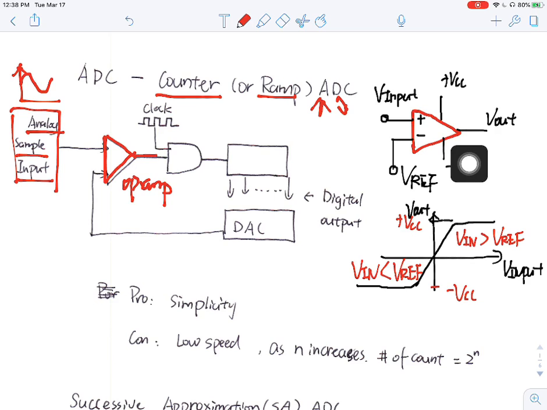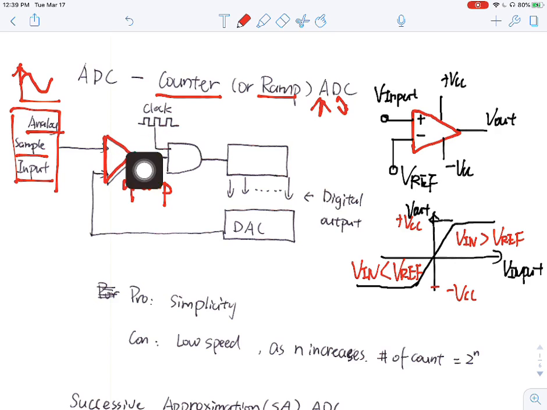Then that will make you have a 0 volt output if your V in is smaller than V reference. And that's the case for this ADC here. So this comparator compares the analog input signal with another signal as a reference signal, and will give you either a high or low signal at the output.